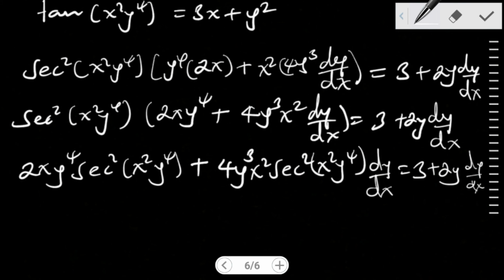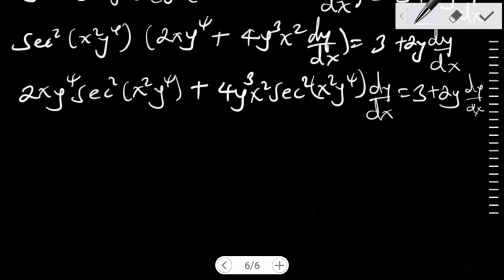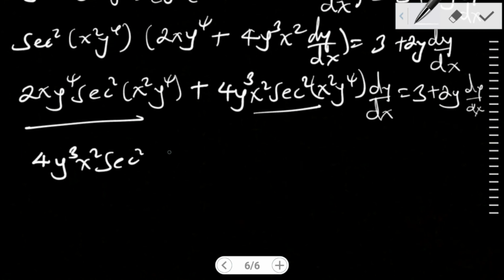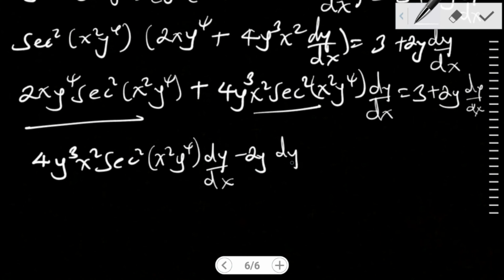Now to collect like terms from here, what I'm going to do is take this beyond the equal sign and collect these also together with this. So I'm going to have 4y cubed x squared sec squared x squared y to power 4 dy dx, and bring this also minus 2y dy dx, and this would be equals to, I'll remain with this 3, yes.